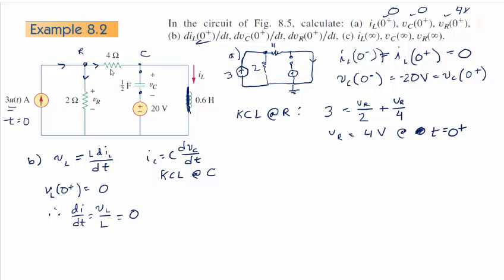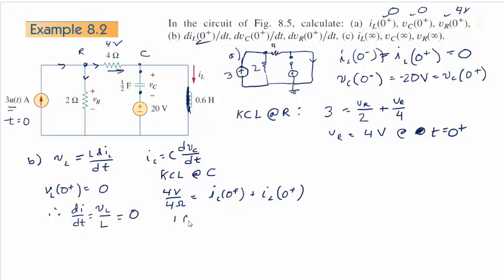So we had 4 volts here and 4 ohms, so we can find out what that current is right here. 4 volts divided by 4 ohms is that current going into the node, and going out of the node is I sub C at time 0 plus and I sub L at time 0 plus.